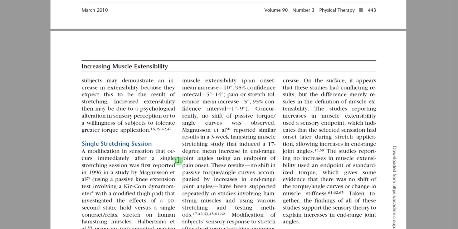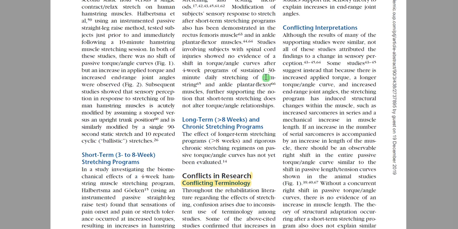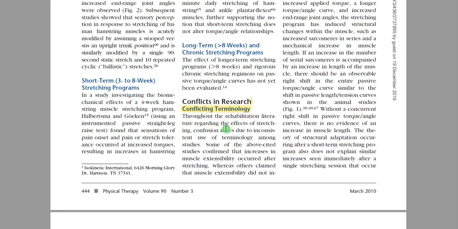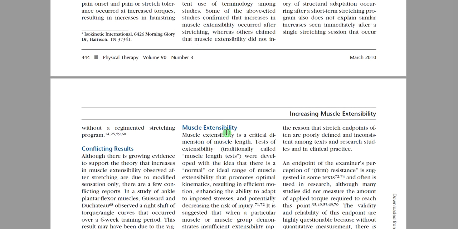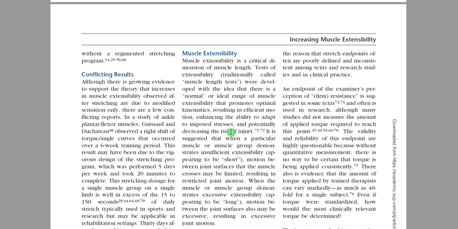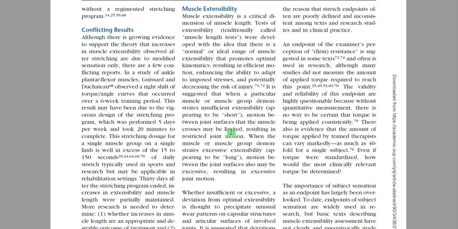So we'll go further down here a little bit. There's definitely conflicting interpretations, conflicting terminology. That's definitely true throughout multiple, so it is confusing to look at different research, which is why you have to be a little familiar with multiple nomenclatures and vernaculars with this.